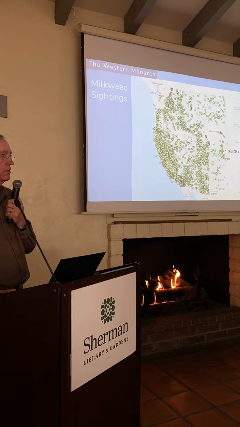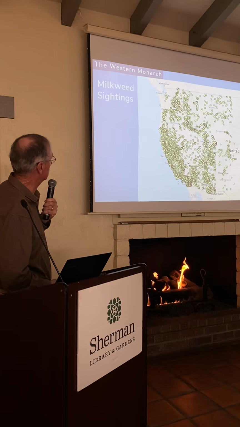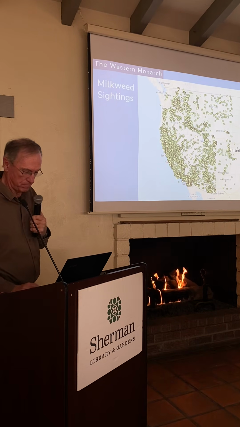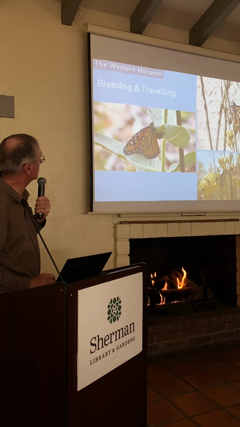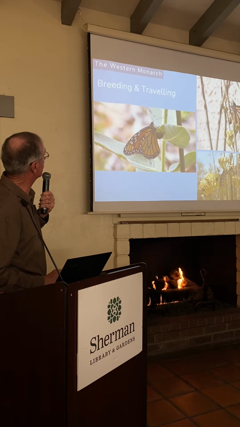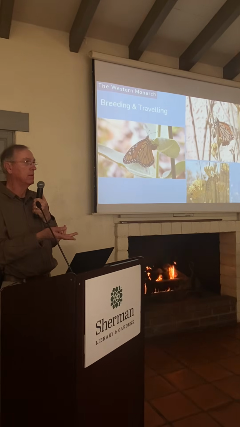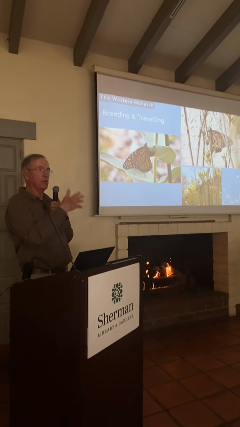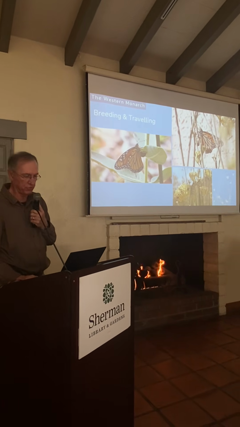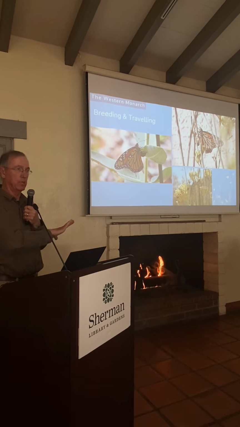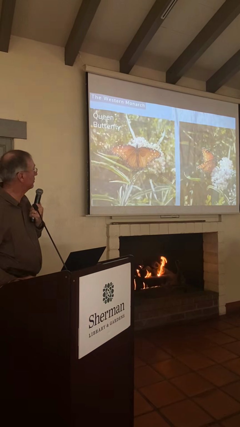It's codependent. So what they're doing is breeding and traveling, doing both of those things at the same time. They're moving all the way through the western United States, and that's the western population of monarchs.